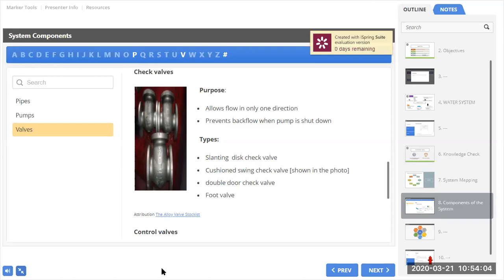If you have the valve there for isolation, when you're designing your system, your engineers will determine what blocks you want to isolate.